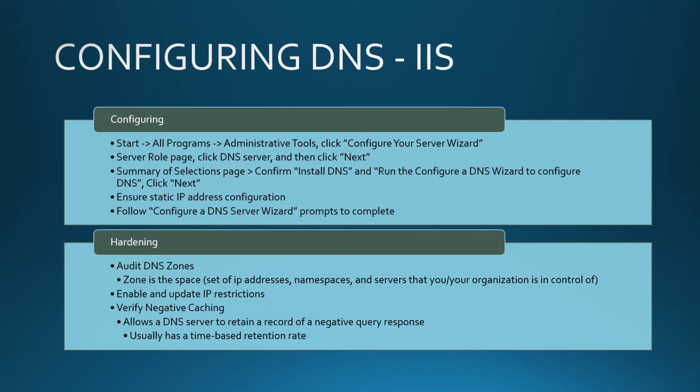Usually it's a time-based retention rate, so you don't fill up too much space with this, maybe 30 days, a month, a week, whatever you want to put it as. But it speeds up your server operations. It also doesn't allow so many inroads for DNS spoofing attacks.